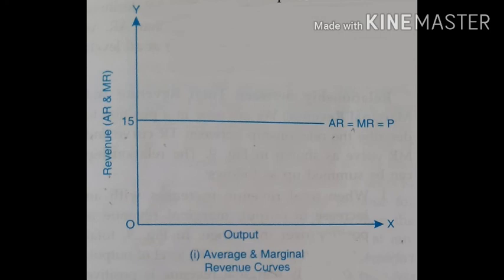Now be careful here: since the firm can sell any quantity it chooses at this price, the quantity it wants to sell in the market, the horizontal line AR is called the price line or the demand curve facing a competitive firm.